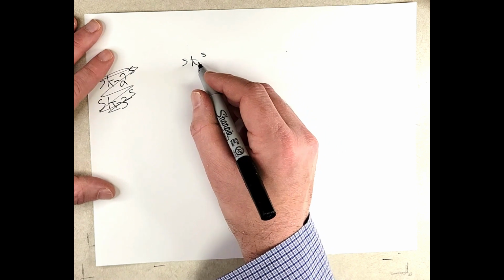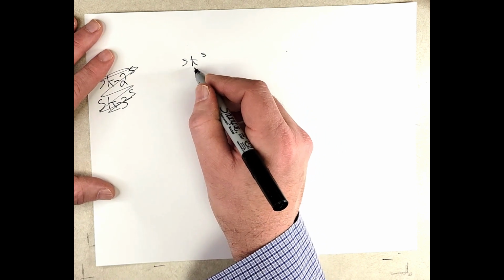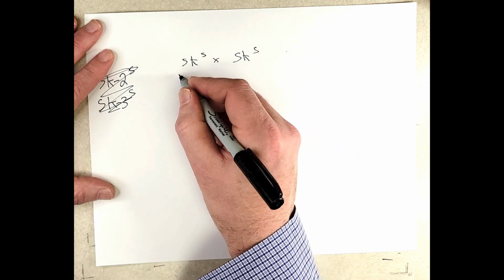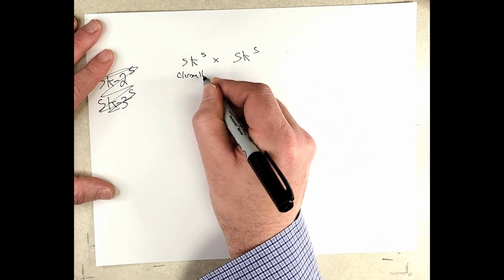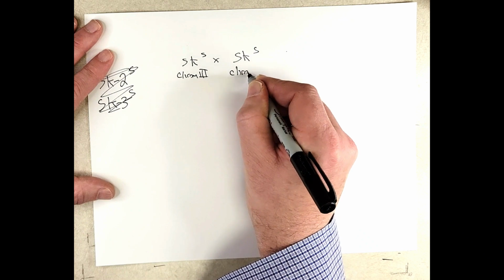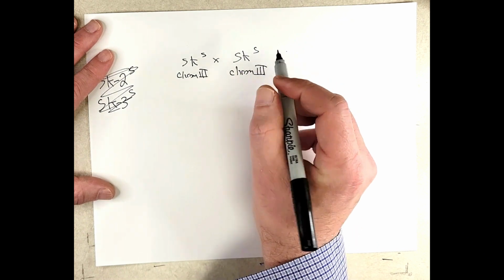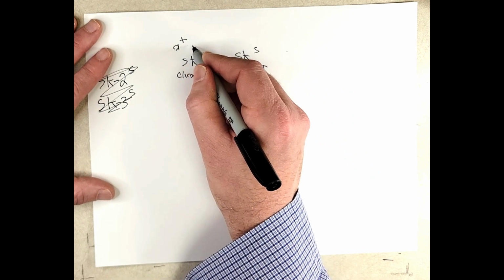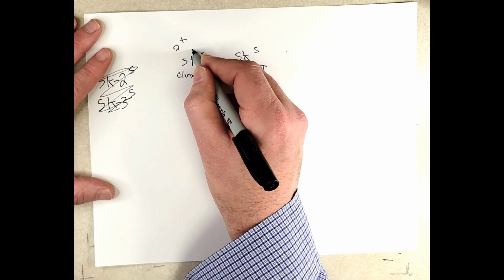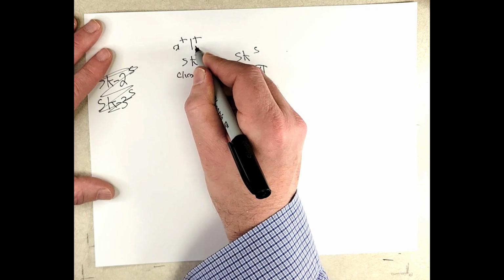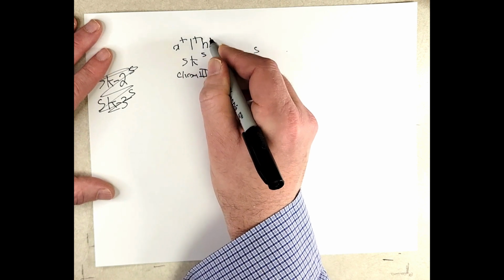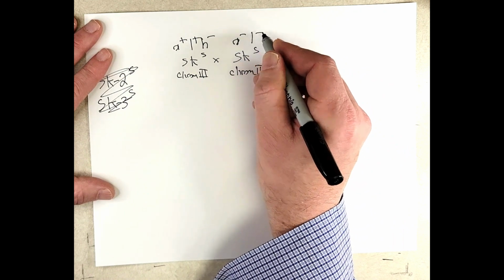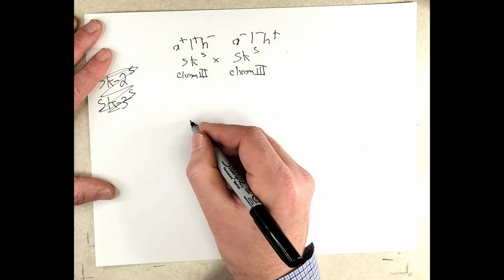And so let's just label these as SKS crossed to SKS, chromosome 3 from this strain, chromosome 3 from this strain. Let's show the genotypes that they use in this cross. So they use A plus, L plus, and H minus, crossed to A minus, L minus, H plus.